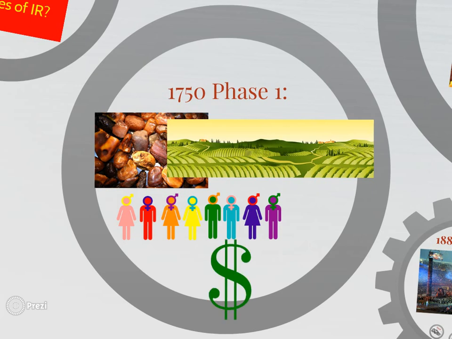And one of the things that made England so perfectly placed for this Industrial Revolution, their stable government meant that investors were willing to invest large quantities of money, and they got this wonderful return from their investment. England was in a perfect position for the Industrial Revolution.